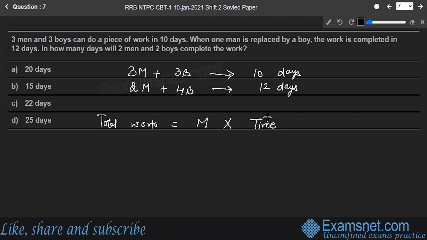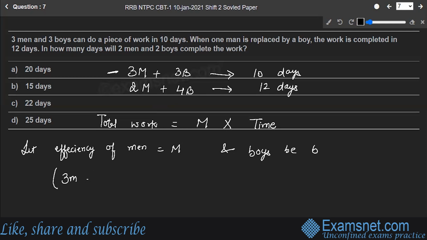So now let the efficiency of men be M and boys be B. Okay. So that means, see, this is efficiency. That means 3M plus 3B multiplied by 10.